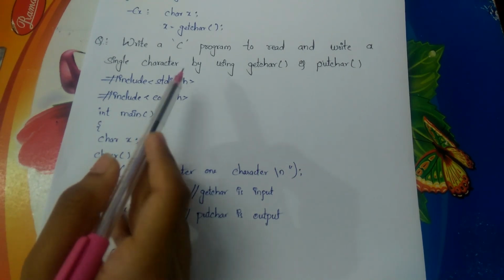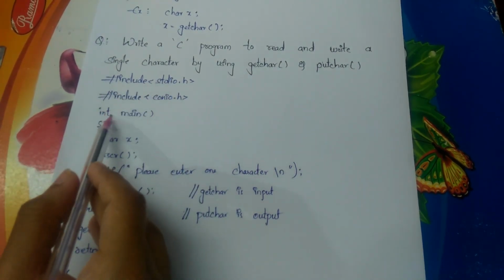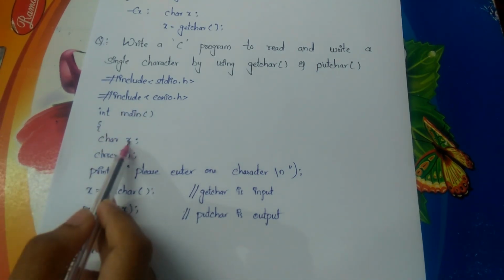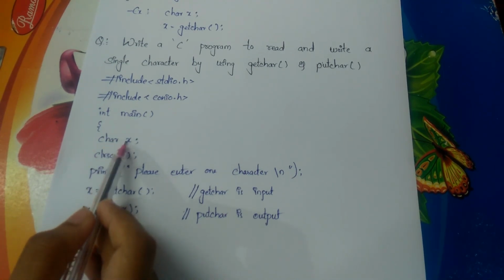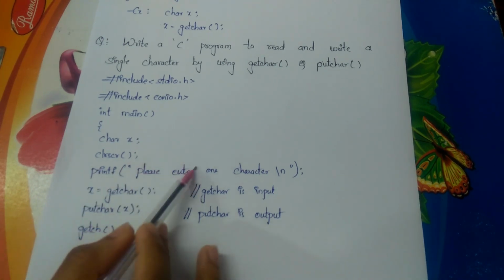Header files included: stdio.h, conio.h, and then int main. The block of code started. First I am declaring variable x with the char data type, char x; ended with a semicolon, then clrscr, and printf: please enter one character.